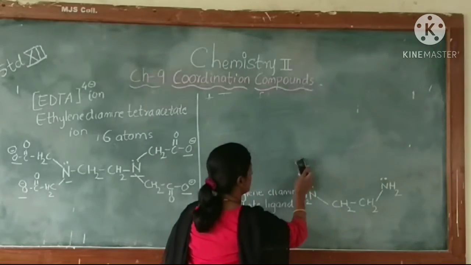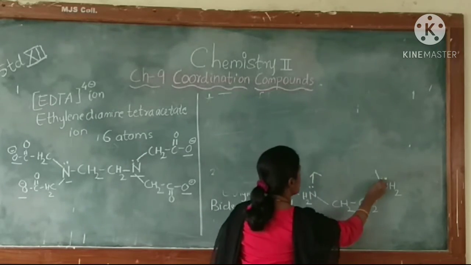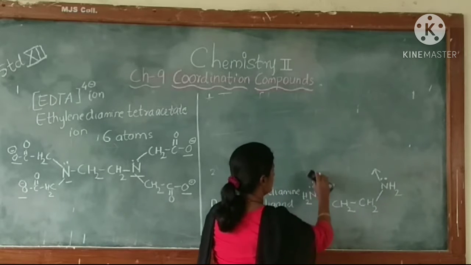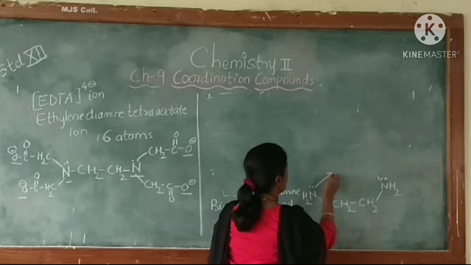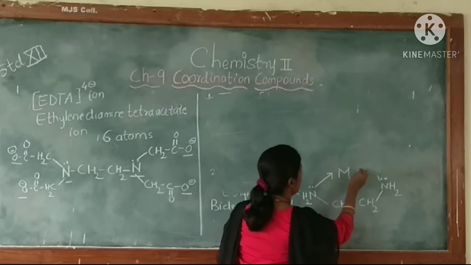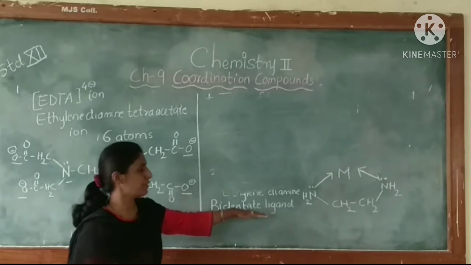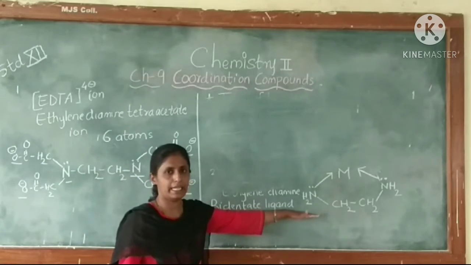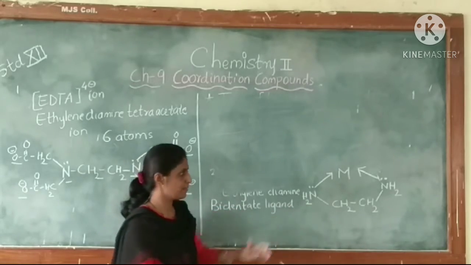Ethylene diamine: now this nitrogen and this nitrogen will form a ring with a metal at the center. So that's why polydentate ligands are also called chelate ligands.